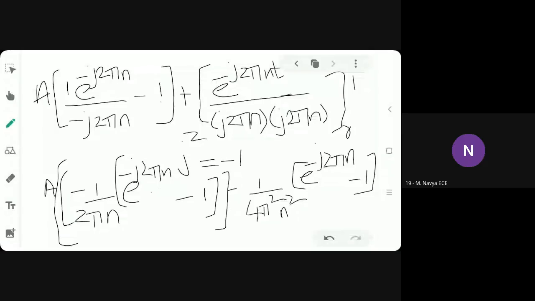How much is it? Cos 2 pi n is 1. J sin 2 pi n is 0. Right? So this value is equal to 1. Similarly, this value is equal to 1.